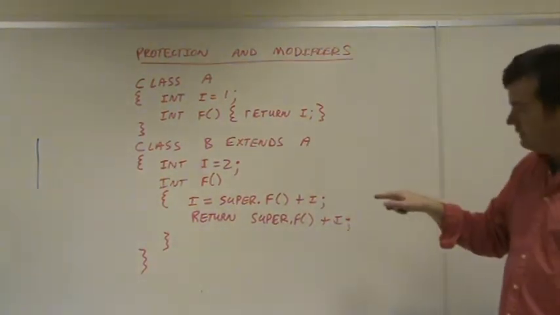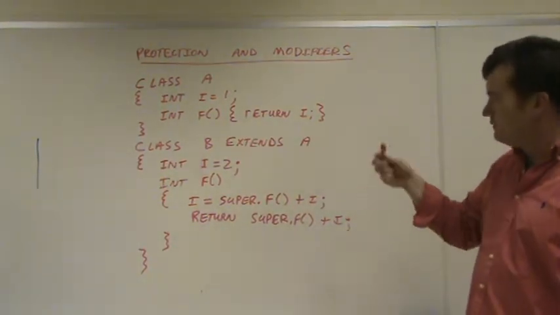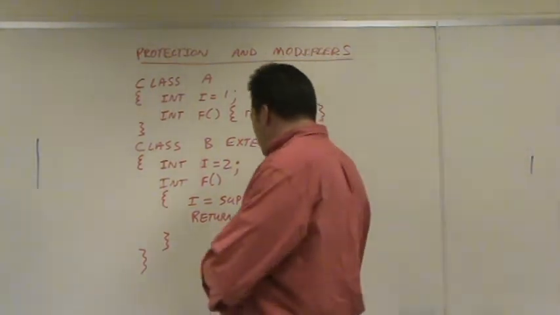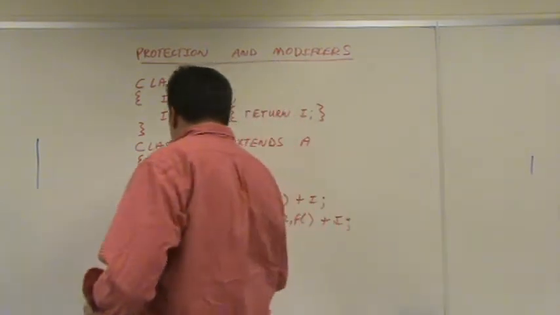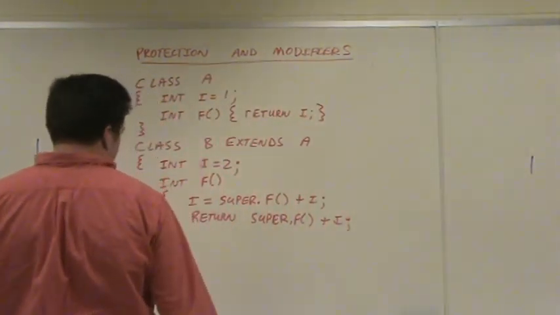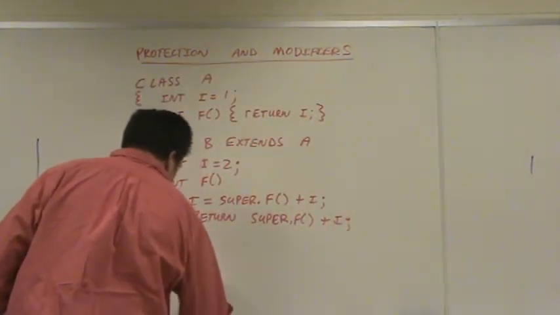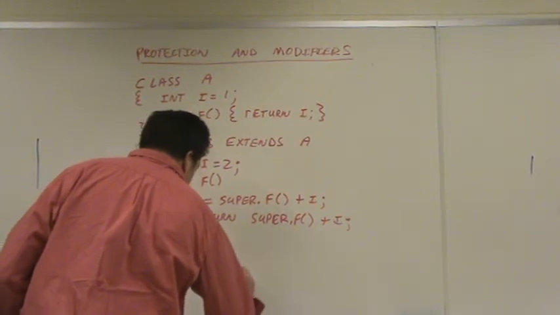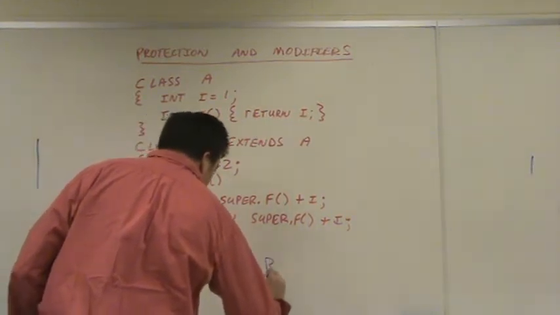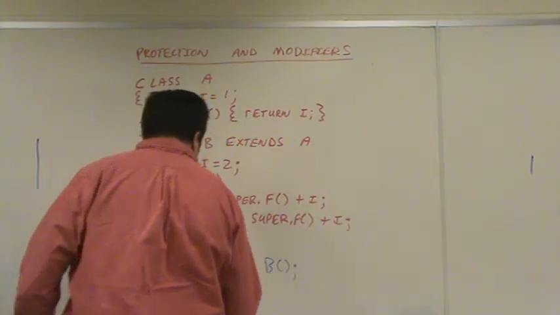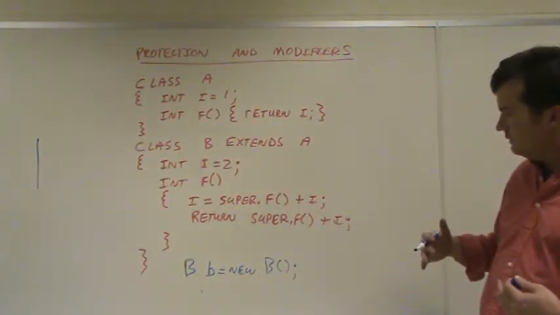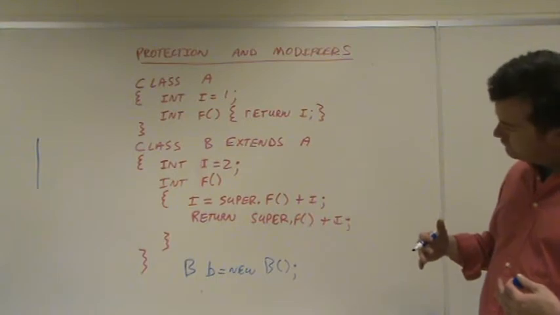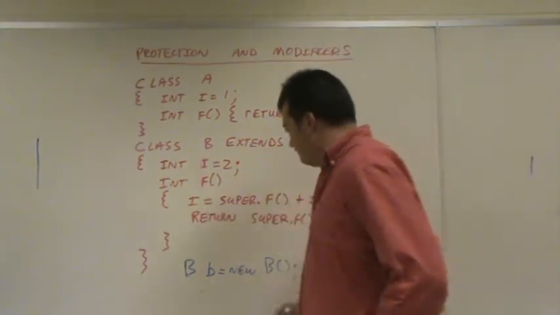So what would the output be if somebody declared an object of type B and then called B's F function?